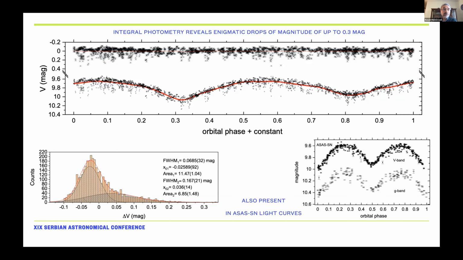The first Gaussian indicates the distribution of points around the main tendency of the red line here, and the other wider Gaussian indicates the distribution of points of events of drops of magnitude. And these drops of magnitude are not only located in the integral visual band photometry, but also in the ASAS photometry, in the visual band and the G band.